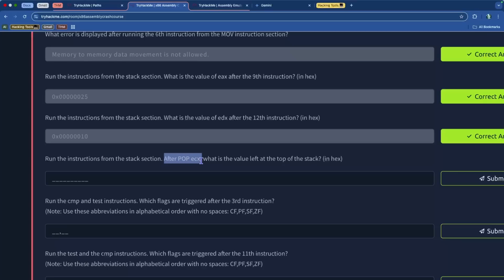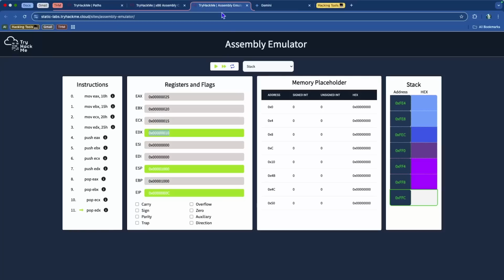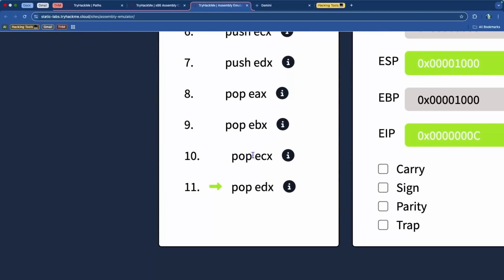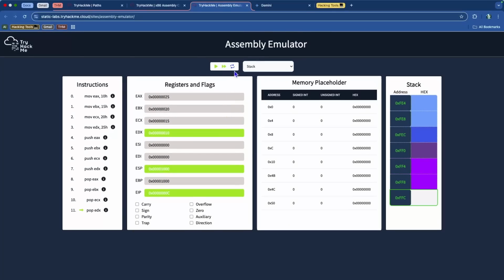Run the instructions from the stack section. After pop ECX, what is the value left at the top of the stack? So we have pop ECX right here. I'm going to reset this whole thing because I want to stop at pop ECX. So we're going to go 5, 6, 7, 8, 9, pop ECX. There we go.